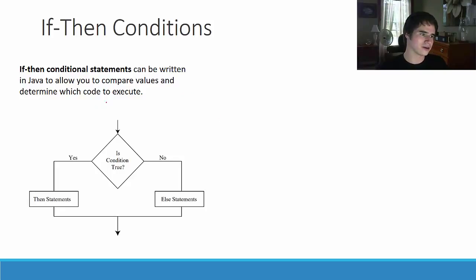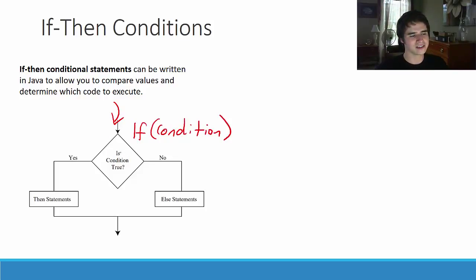So our code in our program goes through here like this. Then it goes into this if condition, and this condition, which is a Boolean, is true or false. If the condition is met, then it is true, and we go on to the then statements. If it is false, then the condition is not met, and we go down to these else statements.